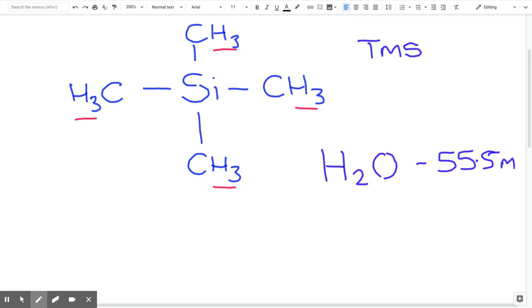So if you've got, say, a 0.1 molar solution of an organic compound, the amount of water compared to your actual sample you're trying to measure is huge. So the spectrum will be completely swamped by the presence of the hydrogens within the solvent itself, and the chances of you seeing your actual compound will be pretty minimal.